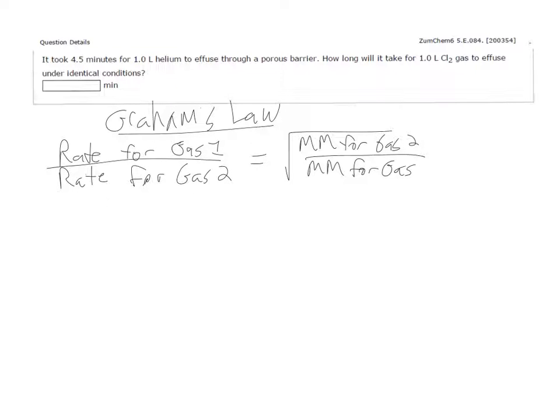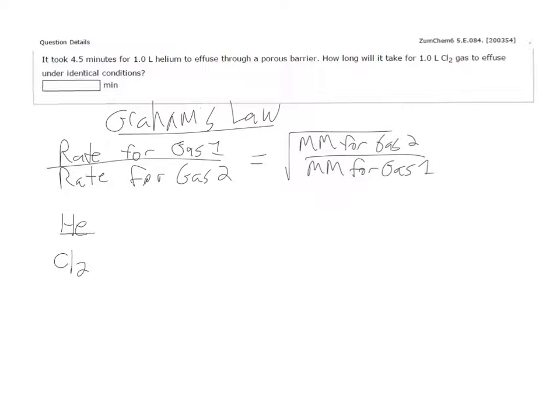In this problem, they start us off with helium, so let's start by talking about helium. It takes 4.5 minutes for 1 liter of helium to effuse. From that, we can list the rate. So we're going to do helium over chlorine.